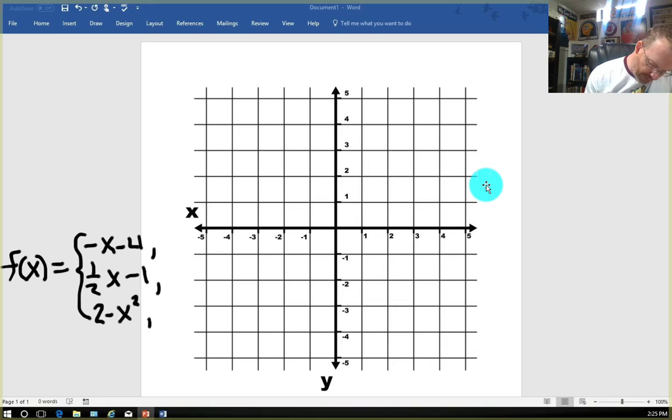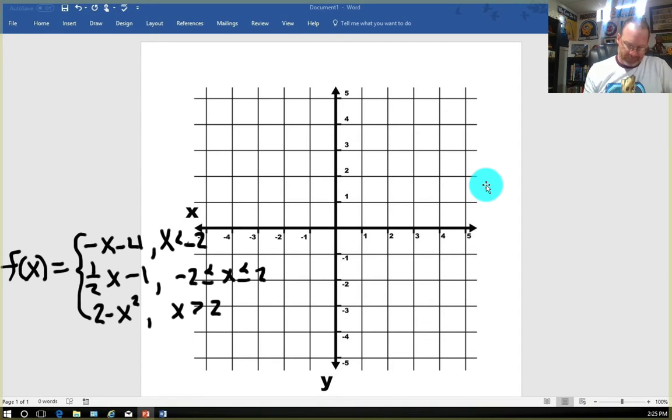All right, the first one is for x less than -2. Dang it. Doesn't want to draw. The second one, x is between -2 and 2. And the last one is x is greater than 2.